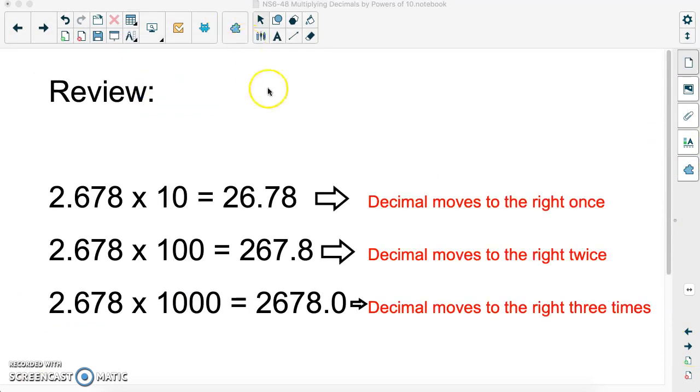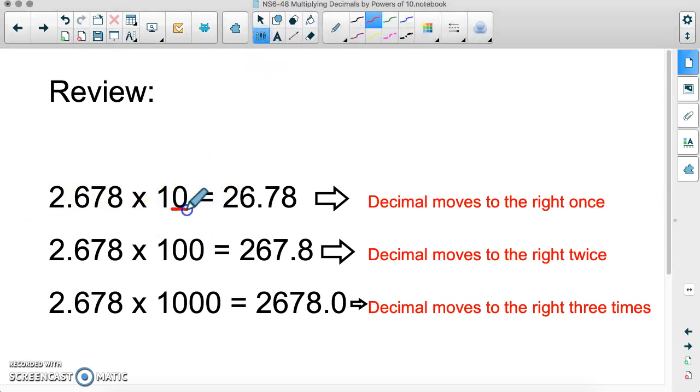Let's just quickly review what we've learned in this lesson for multiplying by powers of 10. So if we have 2.678 times 10, I move my decimal place once to the right because the 10 has 1 zero. So that's going to give me an answer of 26.78. So again, the decimal moves to the right once. If I have 2.678, now I'm multiplying by 100. 100 has 2 zeros, therefore I'm moving that decimal place value 2 spots to the right.